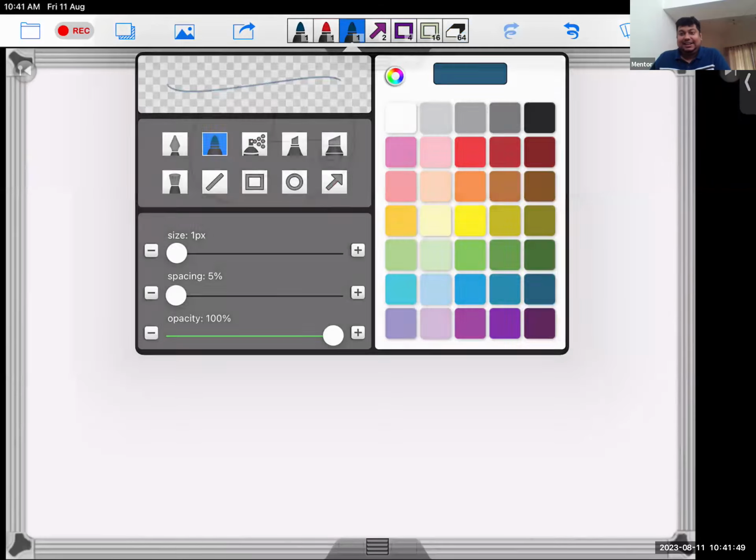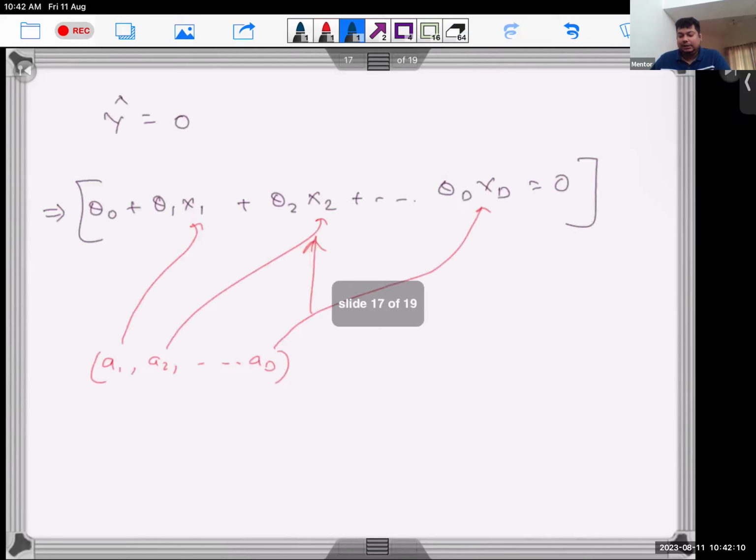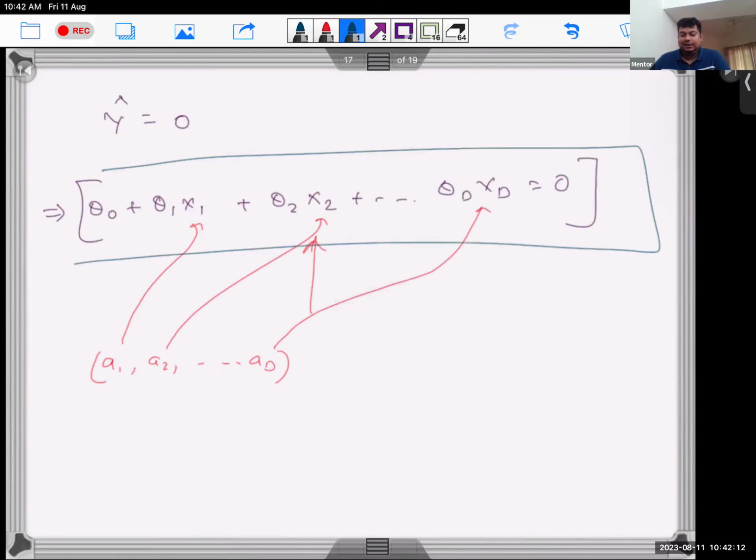E to the power minus z should be 1 in that case, so z would be 0. This should be 1, right? Don't you think I can write this as e to the power 0? And what do you think we got? Yes, z is equal to 0. That is where we cannot say, right?